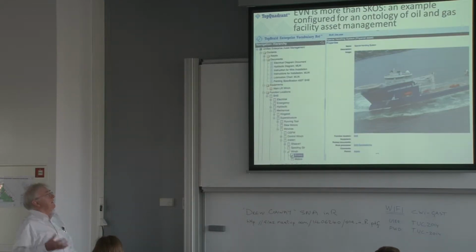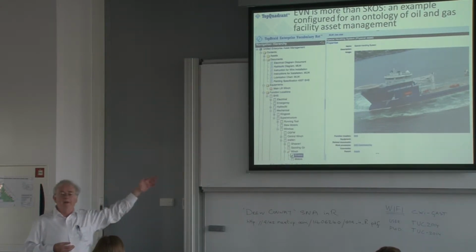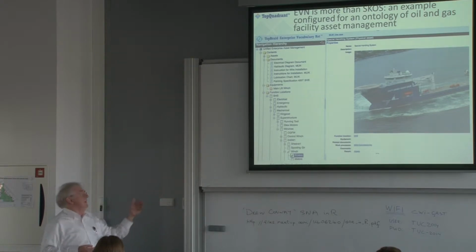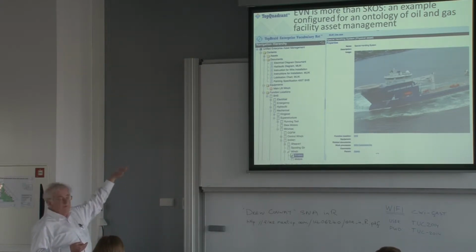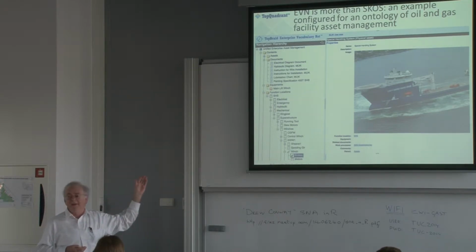I mentioned that people take EVN further. Here we see an example of an asset management system. You might see a winch there on this movable facility. It's going out to an oil rig. It's doing some test drilling. The way that is fitted with its equipment is managed in an extension of EVN. This was built in less than a week.